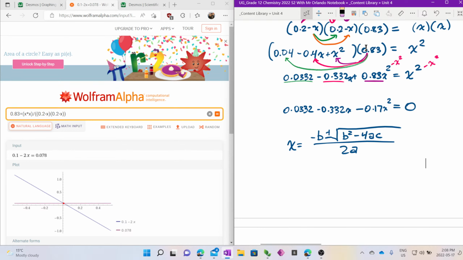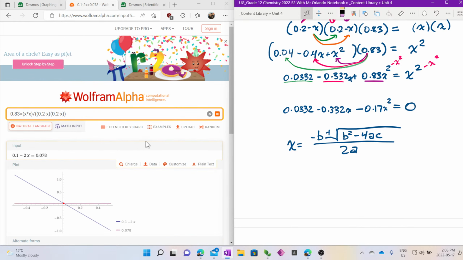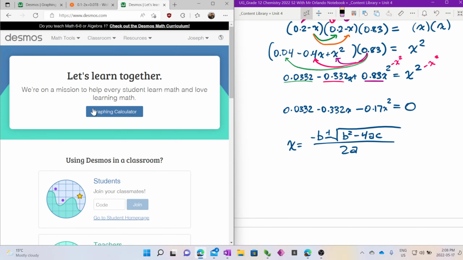Yeah, it's just 0.83 times x squared. 0.83 times x squared is 0.83 x squared, because the number in front of x squared here is 1. And 1 times 0.83 is 0.83.